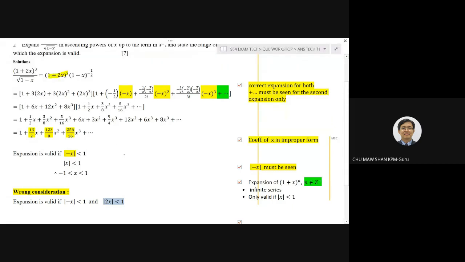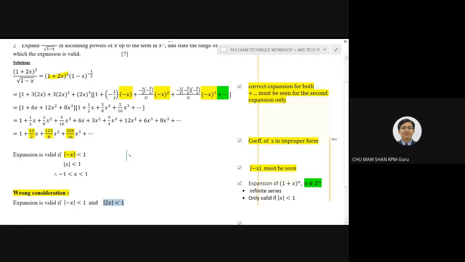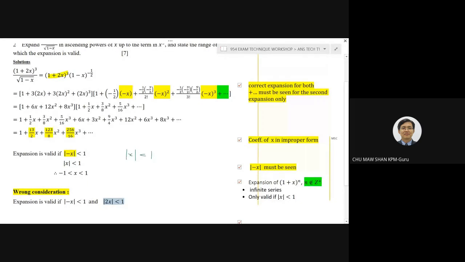What if? I want your opinion. What if candidates write modulus of x less than 1? Potong markah. Even though from here later you get this one.